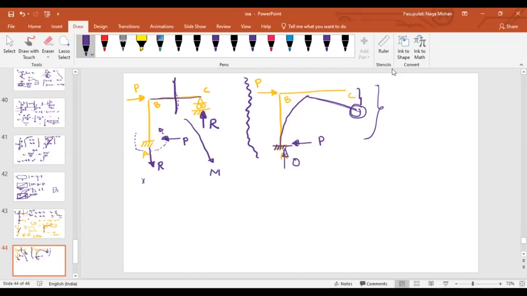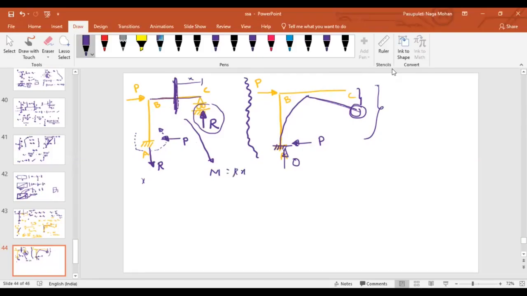Any forces acting there? No, sir. What do you think, because of this will moment develop here? Because of this load or this reaction, will moment develop or not at this section? Let us say this section is X. Because of this reaction, what is the moment at this section? R into X. That means bending moment will develop.